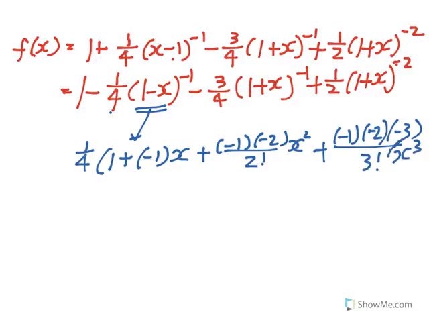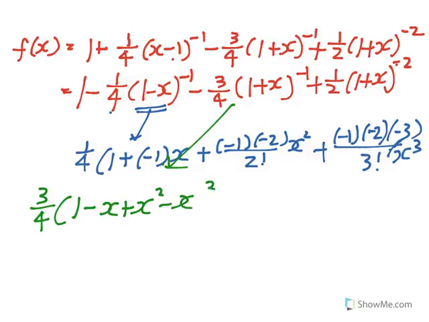This is the numerator. Then we also look at 3 over 4. Let me just write the quick answer, which is what you get after doing your binomial expansion.